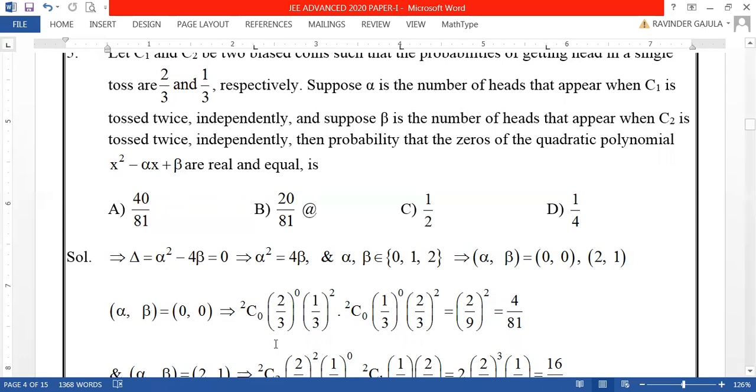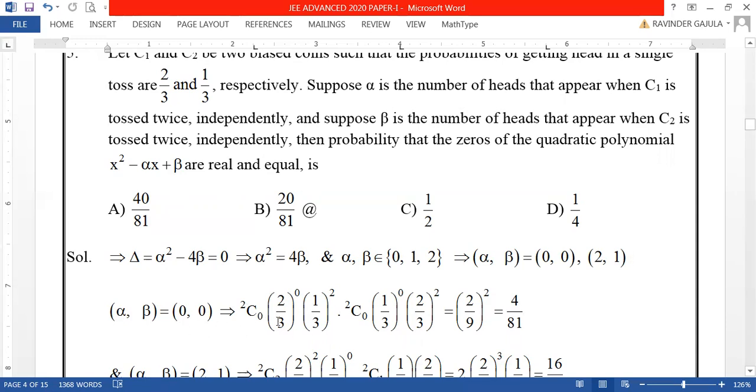Getting head on C1 is 2 by 3, getting tail on C1 is 1 by 3, because the sum must be 1. So no head means 2C0, 2 by 3 power 0, and 1 by 3 power 2. At that time, beta is also 0.